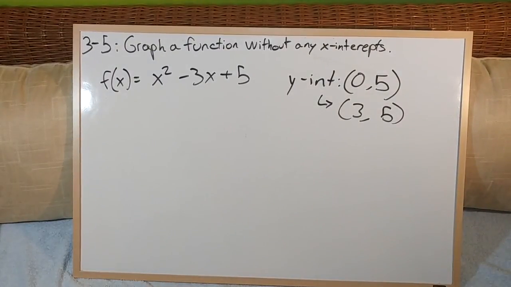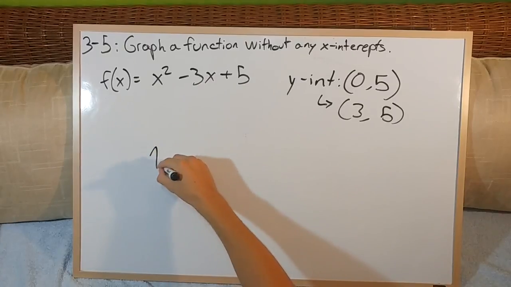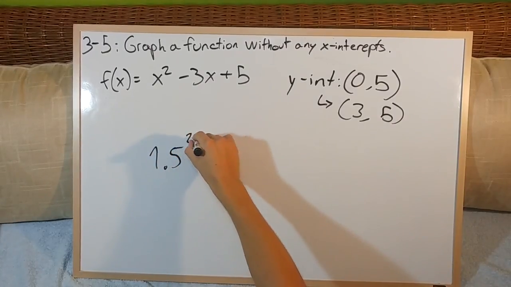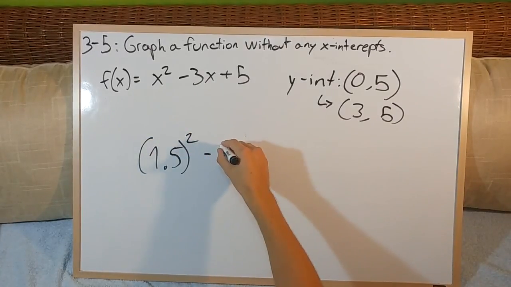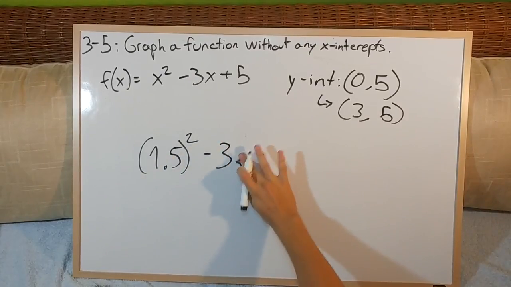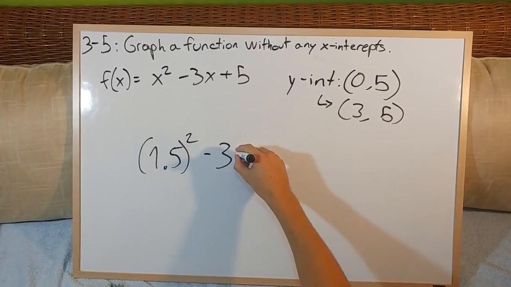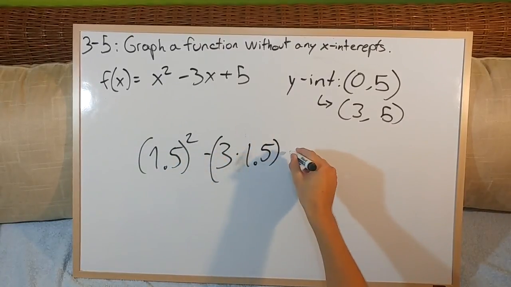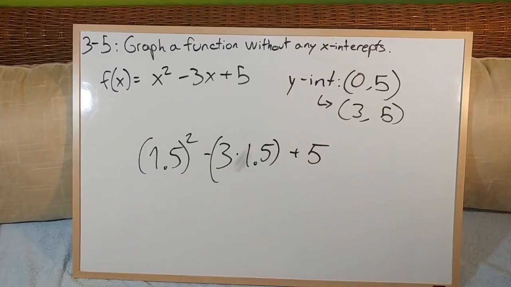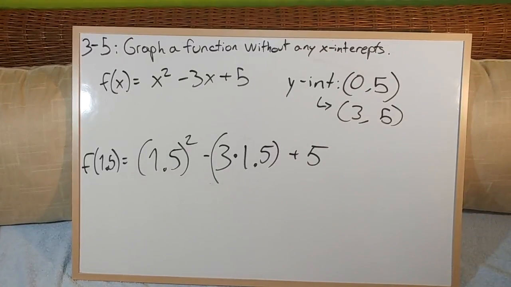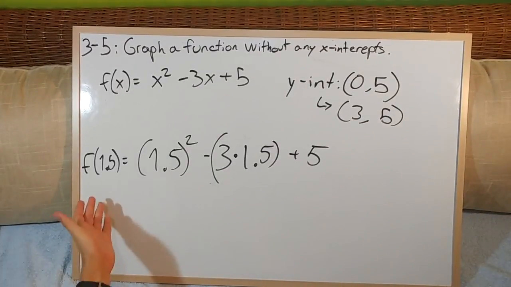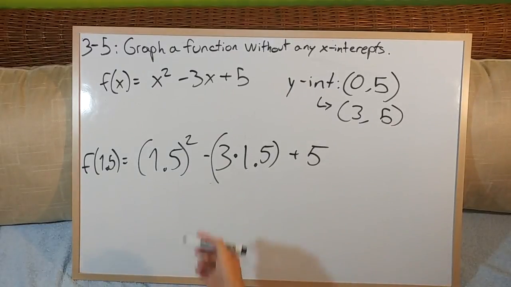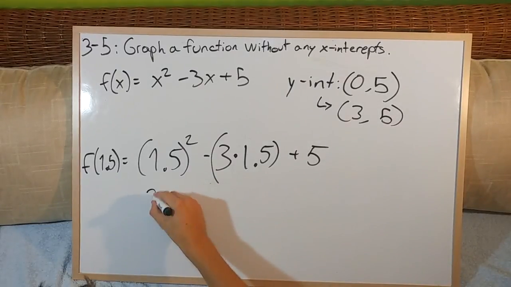And then we have 3 points, making it possible for us to graph the function. Let's do that. 1.5 squared minus 3 times 1.5 plus 5. Now we're just going to solve for f of 1.5. 1.5 squared is 2.25.